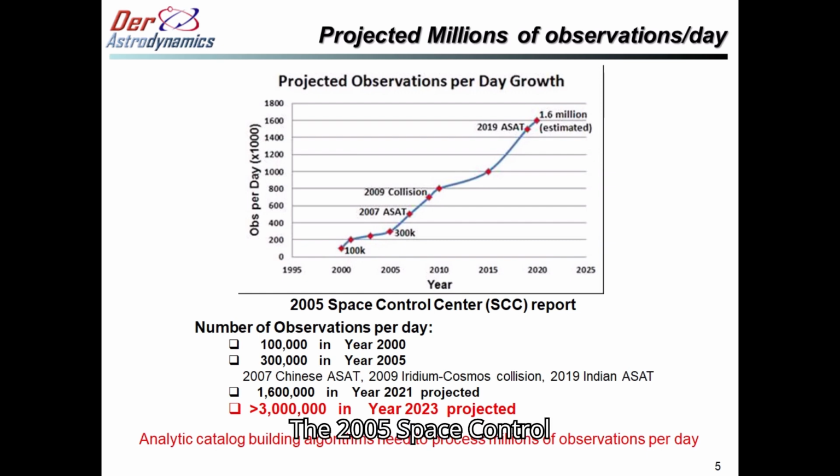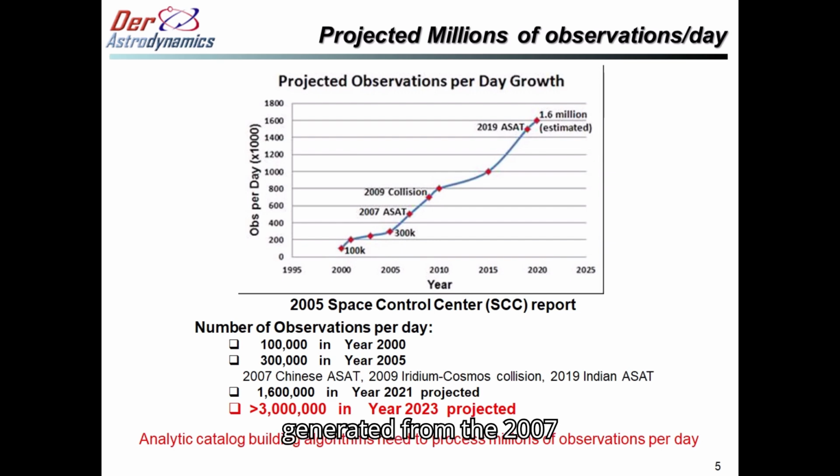The 2005 Space Control Center report indicated 100,000 and 300,000 observations per day were collected in years 2000 and 2005 respectively.